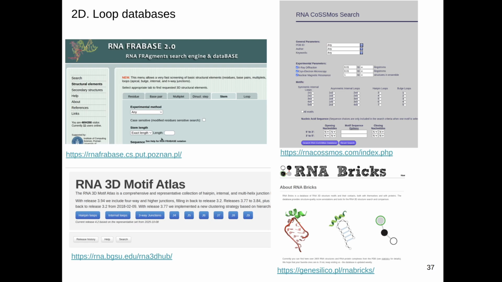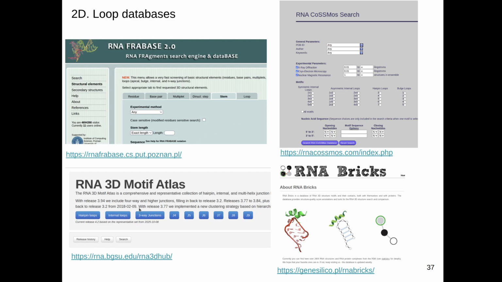So we have the FR3D-based database, which stores stems, loops, and some dinucleotide steps, some multiplets, base pairs, and single residues. We have RNAcosmos search, where you can search for loops of specific sizes. So you query a loop of specific size, and you get all the 3D fragments that correspond to these types of loops.